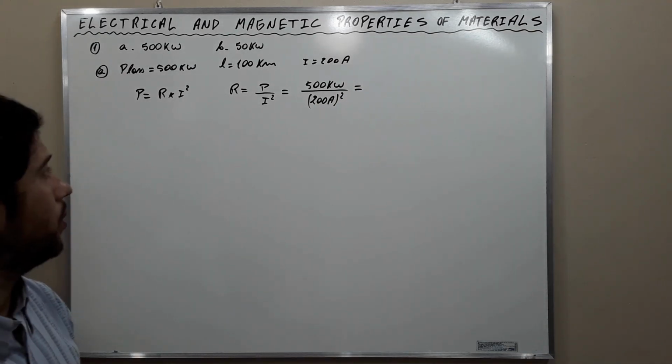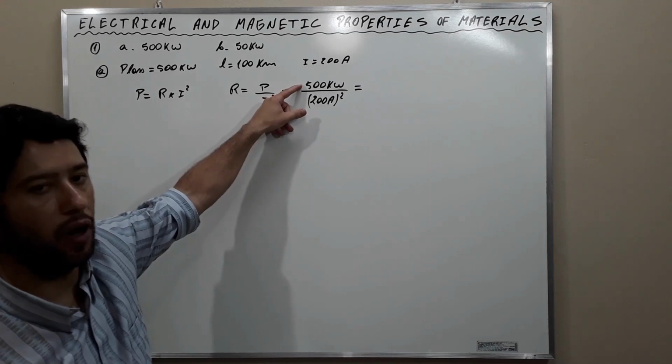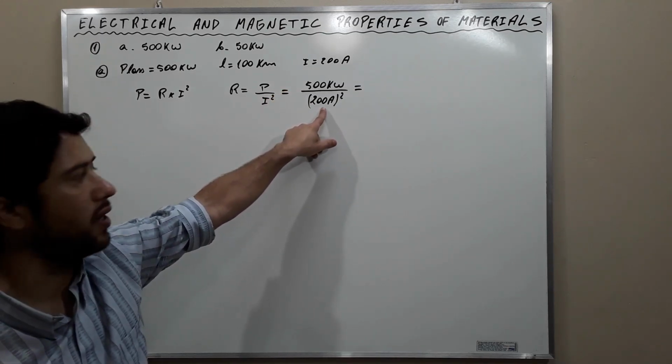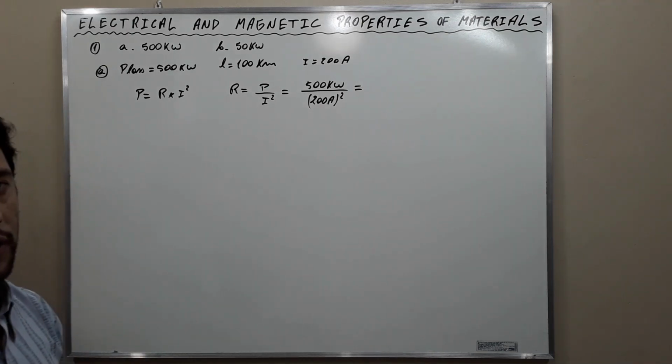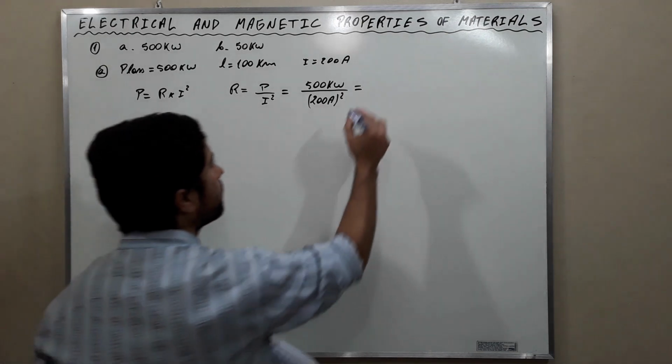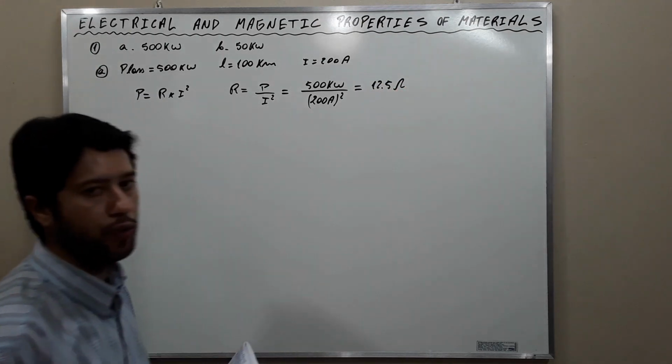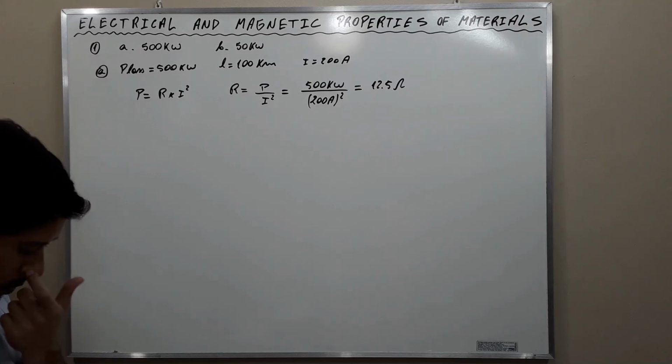With this data, with this maximum power loss and the nominal current as 200 amps, the resistance of the cable shall be 12.5 ohms. Okay?